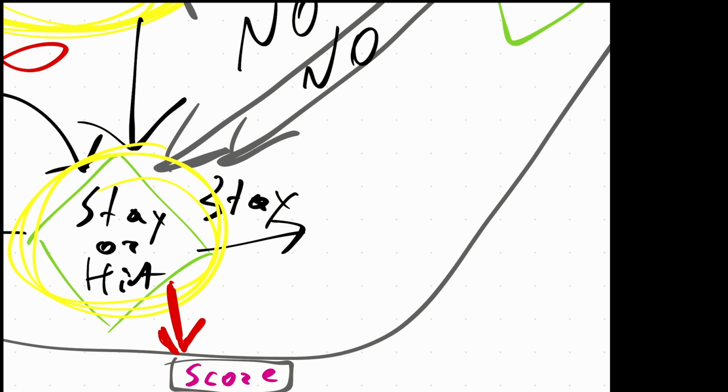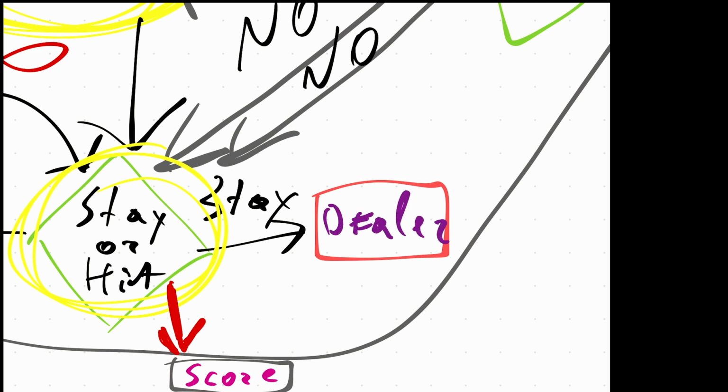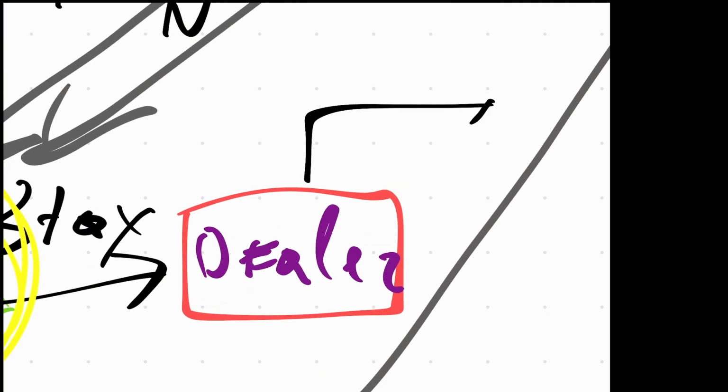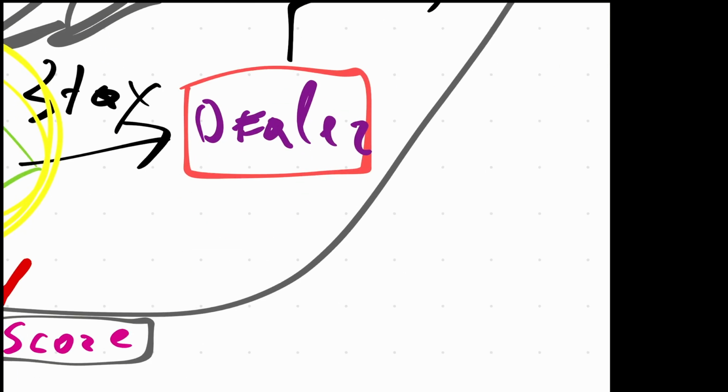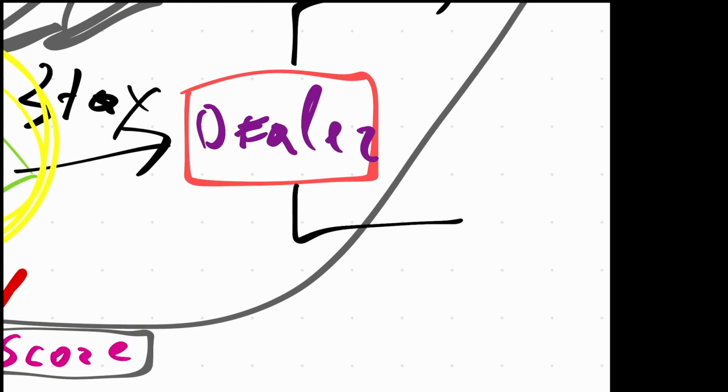But, alright, dealer's turn. Let's say dealer. I'm just using random colors at this point. Dealer. So it's actually pretty simple. If he has 16 or less, he takes a card, and if he has 17 or more, he stays.